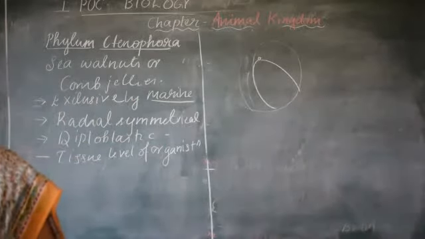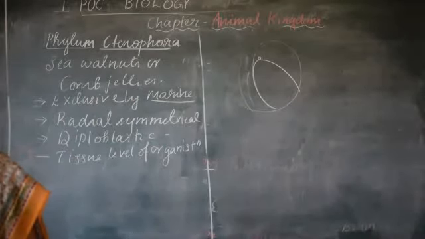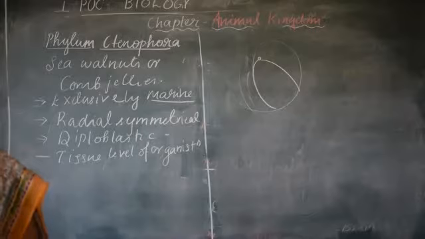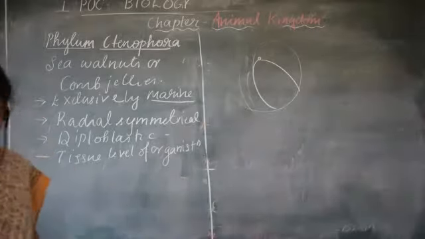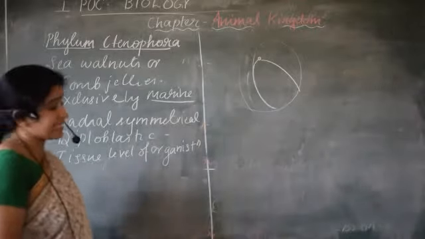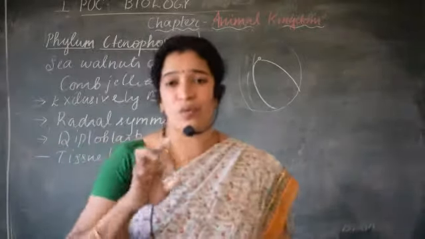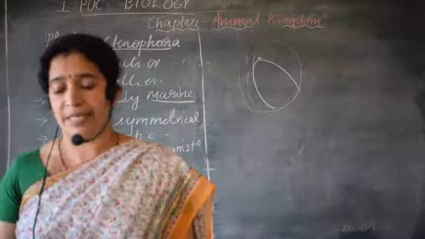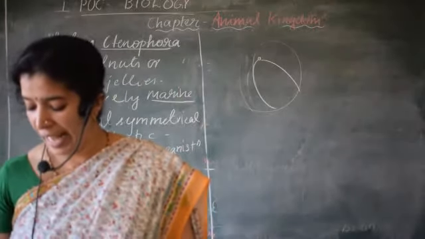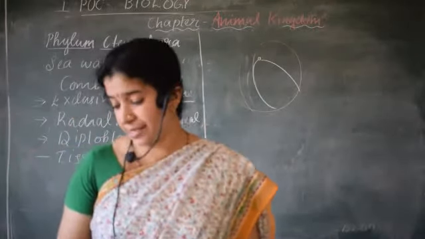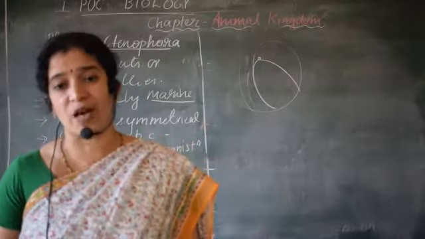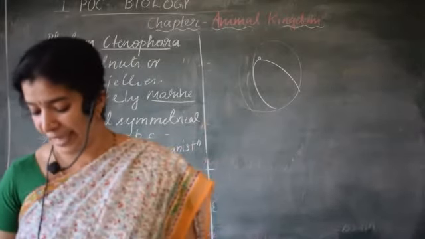Comb, you know, right? For combing your hair. So like that, it has 8 rows of vertical comb plates. The body has 8 external rows of ciliated comb plates.